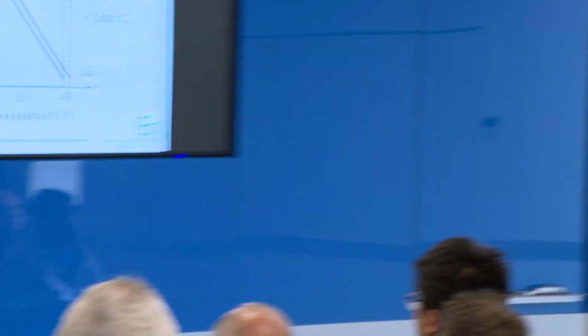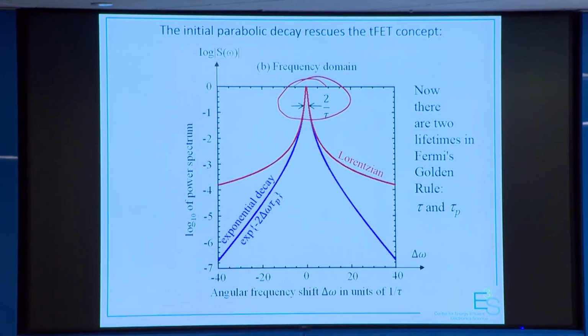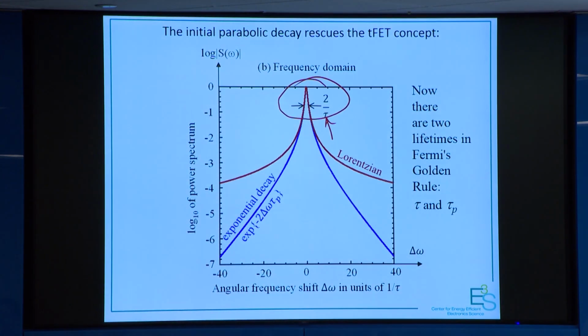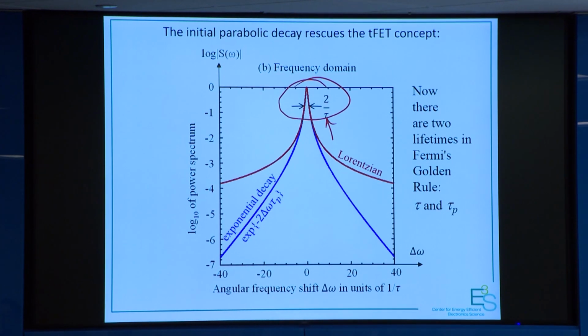Now, if you then say, okay, that's great, you have an initial parabolic period, what does that do to my spectral shape? So I go and look at my spectral shape, and the middle of the spectral line looks pretty much the same as always. That's determined by the Fermi's golden rule time decay. But if I allow for that initial period where something different is going on, very short times correspond to very big frequency shifts.